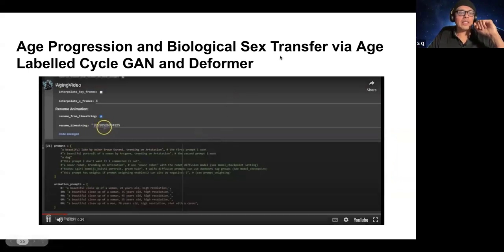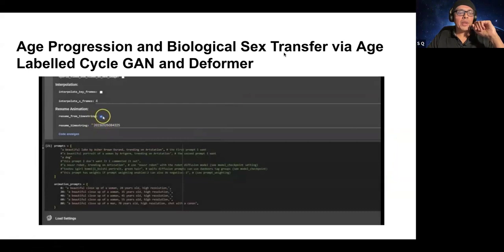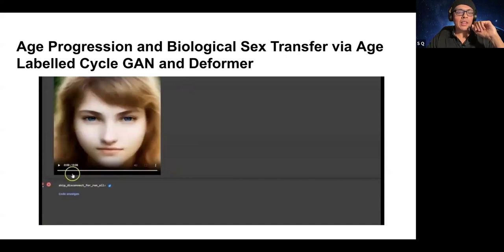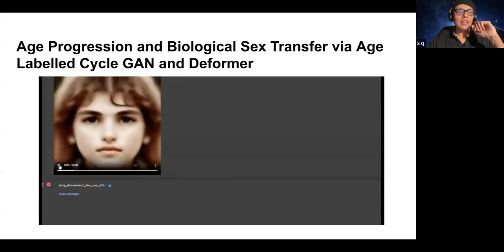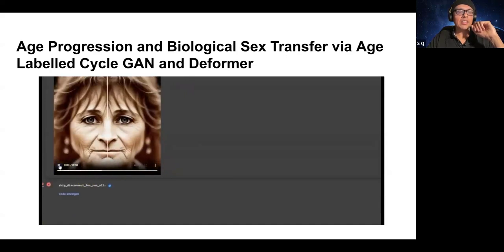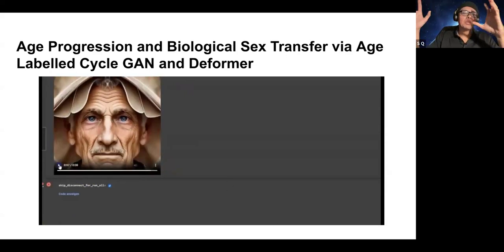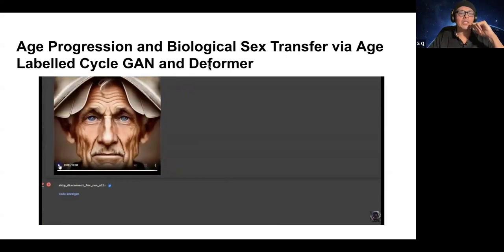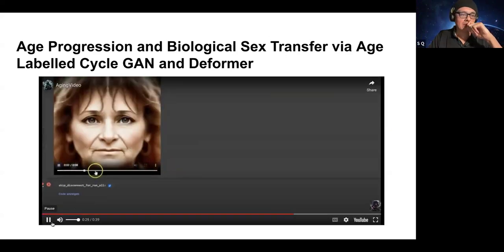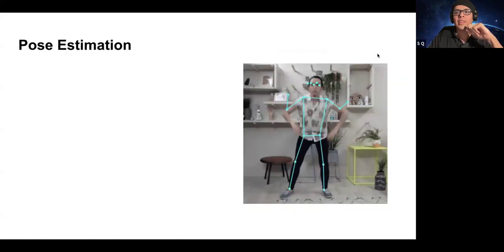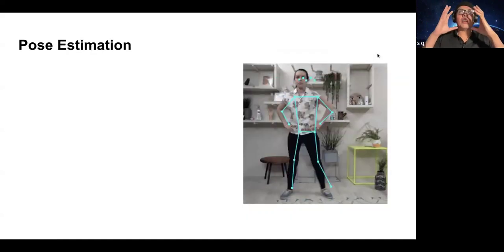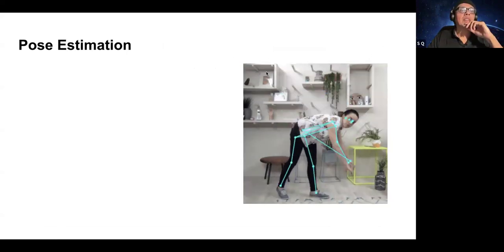So this is basically a demo of how this works, going over a few of the parameters here. I run this in Google Colab, by the way. So this is the face that was generated, and this is the progression over the years. And it also simultaneously transforms to the male facial structure. So again, these are things that you can do with the face, using the 68-point landmark model.